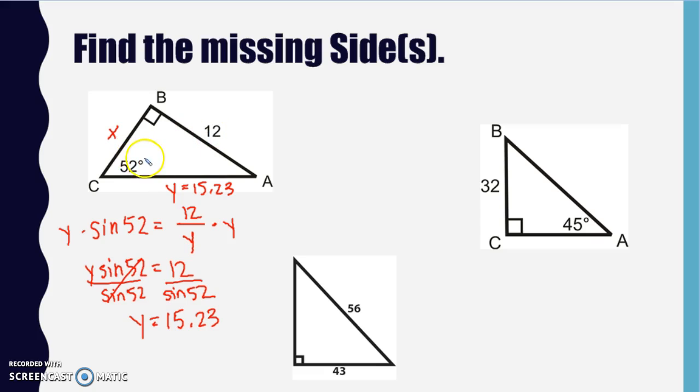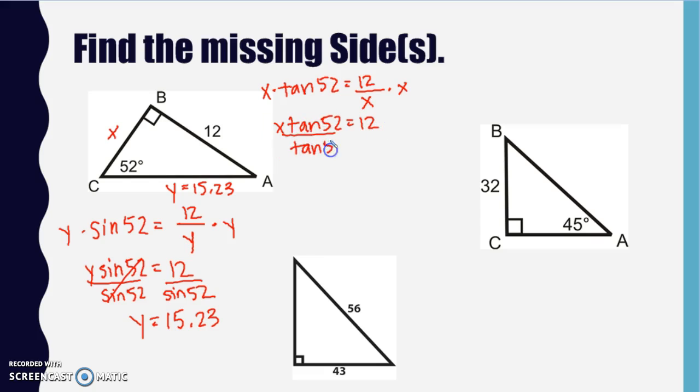So again, this 12 is opposite the 52, and this x is adjacent. So opposite and adjacent would give me tangent. So I could say the tangent of 52 equals opposite 12 over adjacent x. Just like before, I've got to get that x out of the denominator. So x times tan of 52 equals 12.